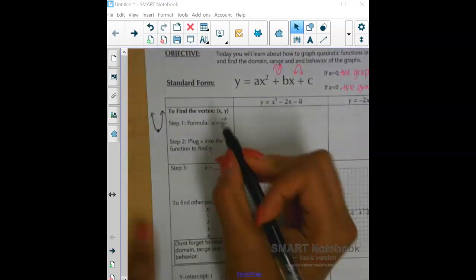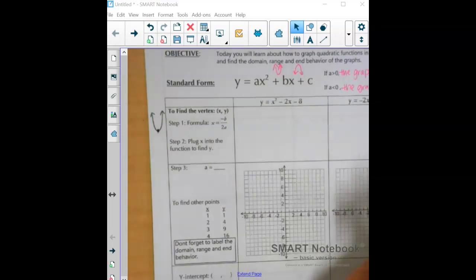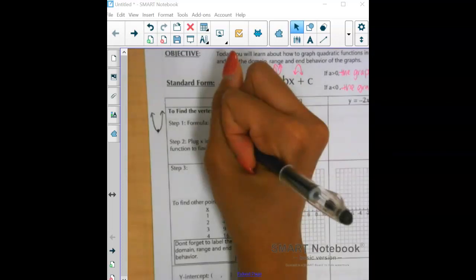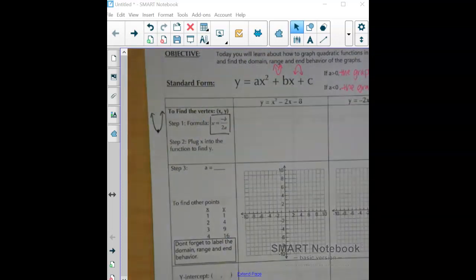So to find your vertex, which is that point that Desiree just helped us with, that's what we're trying to find. So to find that little point, you're going to use this formula. Bonus points in my head for you. What is that formula that I just boxed in black? What is it called? Begins with an A. I'll give you a hint.